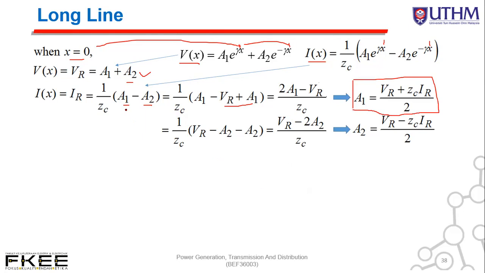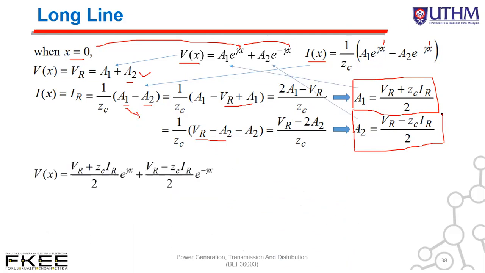Now A1 is nothing but VR minus A2. So we got IR equal to 1 over Zc times (VR minus A2 minus A2), that is (VR minus 2A2) over Zc. So A2 equal to (VR minus Zc IR) over 2. So we can replace the values of A1 and A2.